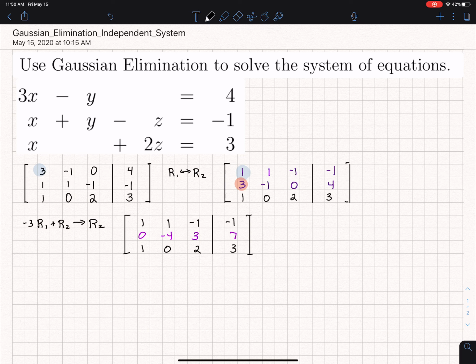Okay, now what I want is I want this 1 to be 0. So I'm going to take negative row 1 and add it to row 3 and put it in the row 3 position.